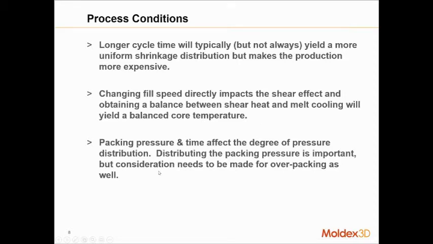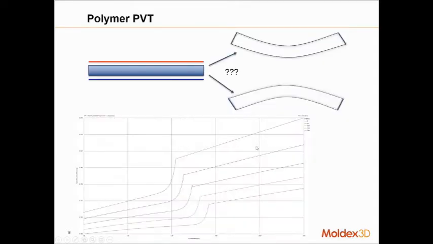Packing pressure and time affect the degree of packing pressure distribution, and distributing the packing pressure is important. But there is a point where you start to overpack your part. So making sure to optimize your packing pressure and time is always going to be important in making your volumetric shrinkage distribution more uniform throughout your part. All right, the fourth effect here, polymer PVT.